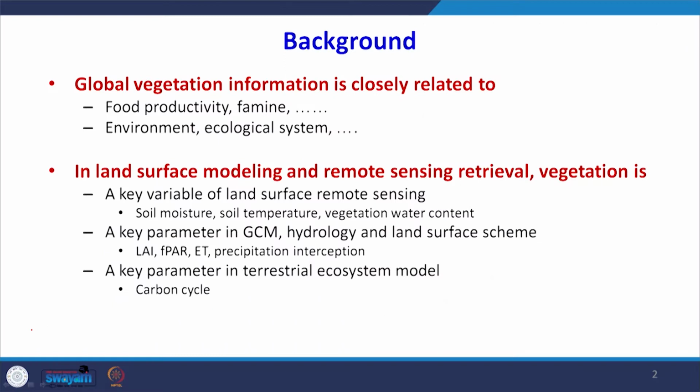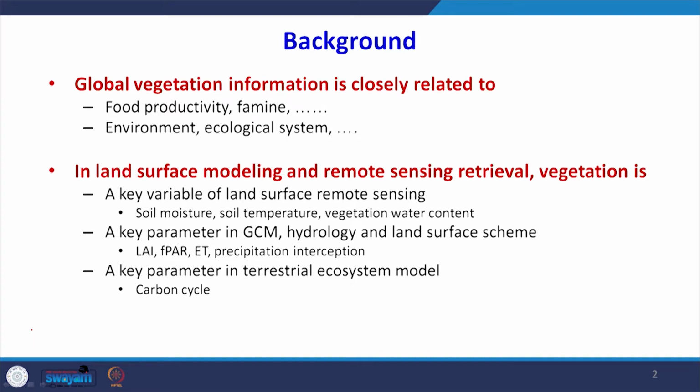As we know, vegetation cover mapping from the satellite image is very important, and vegetation cover is controlling the entire environment of the globe. So identifying the vegetation cover very accurately is important. Once we identify it, it can be related to crop productivity.